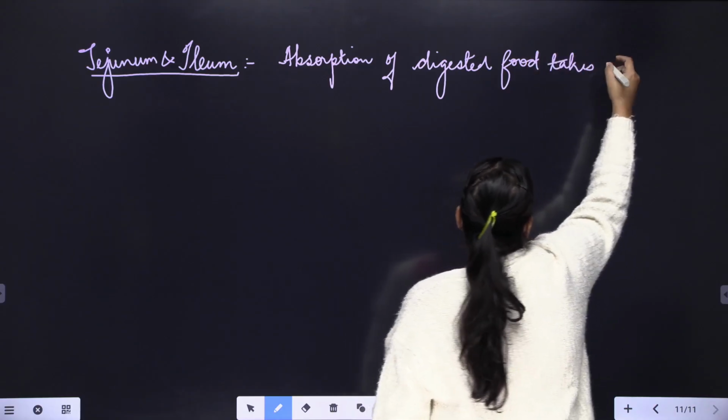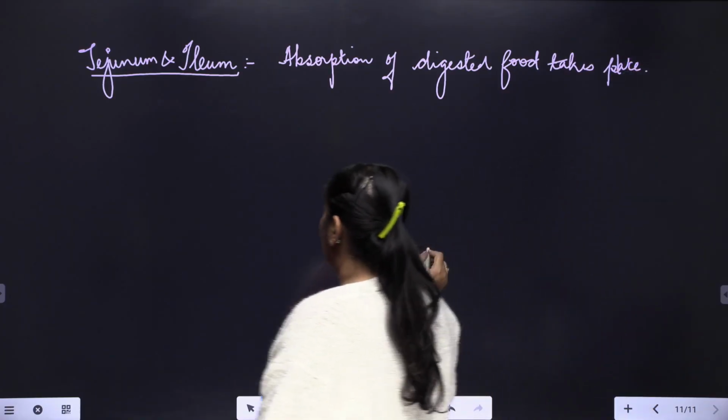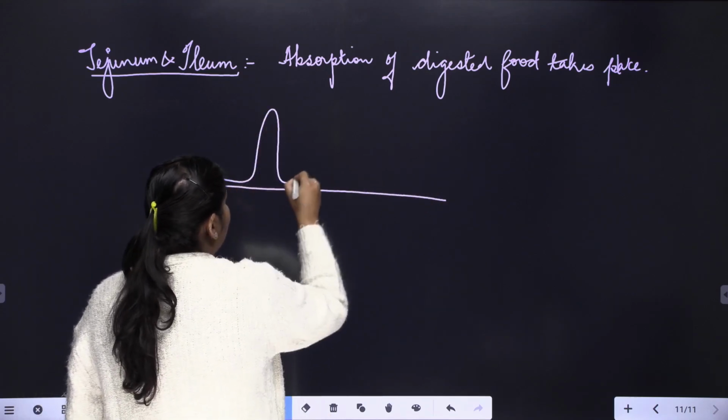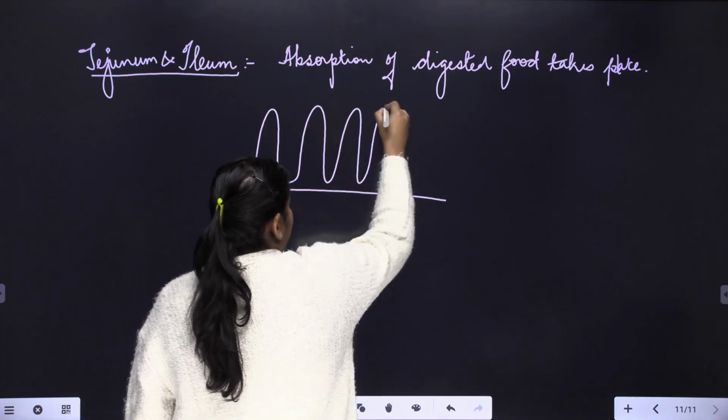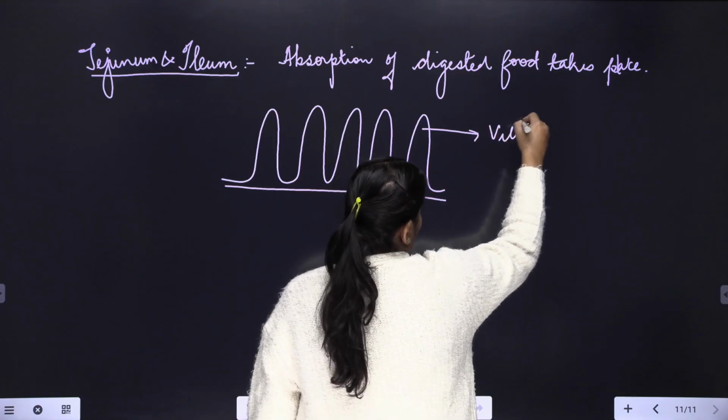Now why does absorption of digested food take place here? Because it has finger-like structures, and these finger-like projections are called villi.